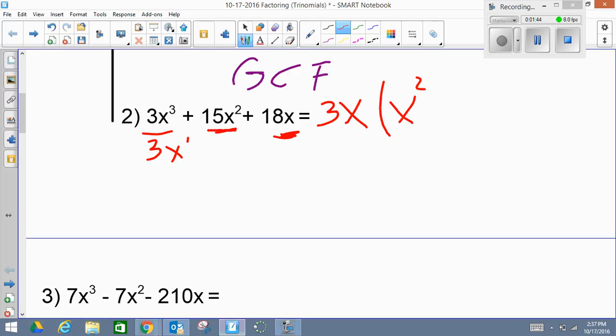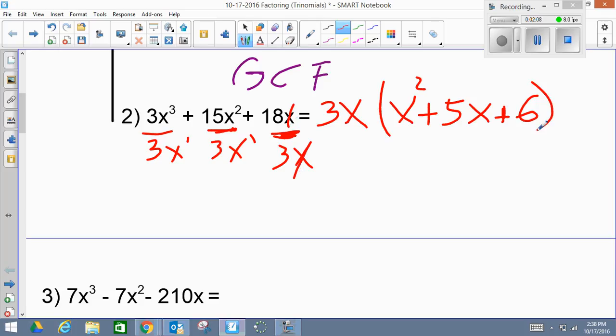Next, 15x squared divided by 3x: 15 divided by 3 is 5, x squared divided by x to the first is x. Remember, I subtract the exponents. Plus 18x divided by 3x gives me 6, and the x and the x cancel out. So I'm done.